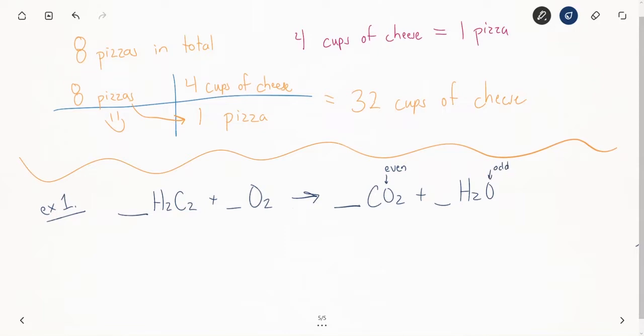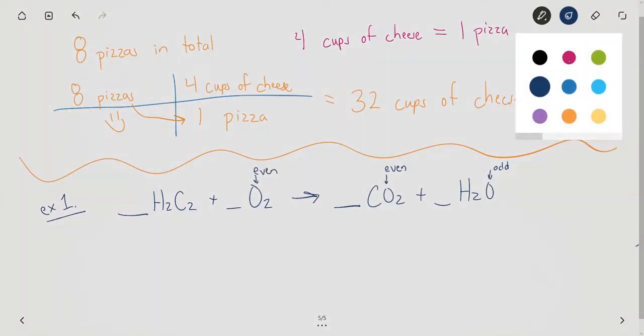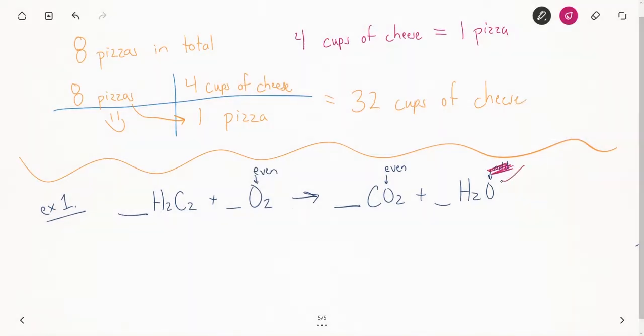If I put an odd number here in front, I'm going to get an odd number of oxygens here because it has a 1 for its little subscript. What I know for sure is this left hand side, it only has 1 source of oxygen. So this source of oxygen is always going to be even, which is going to actually force this side here, tells me that this number, whatever it needs to be, also needs to be even. So the only candidates of numbers I can have out in front here are going to be even numbers.